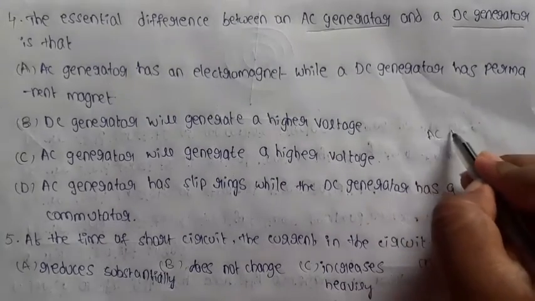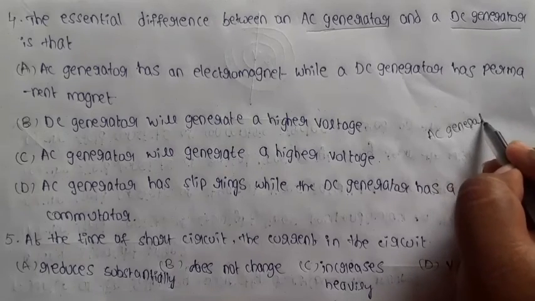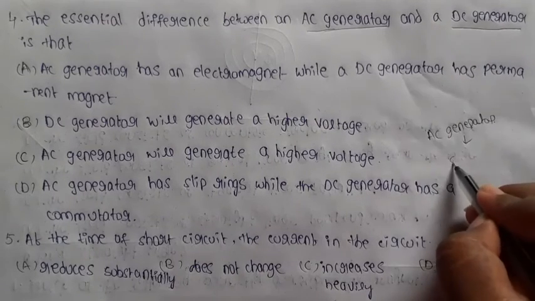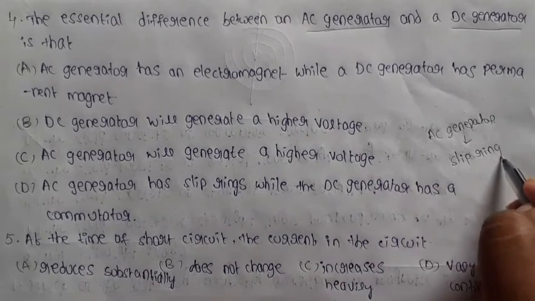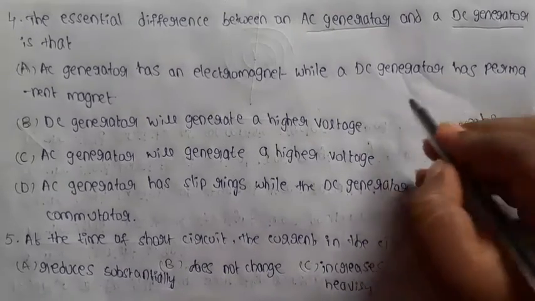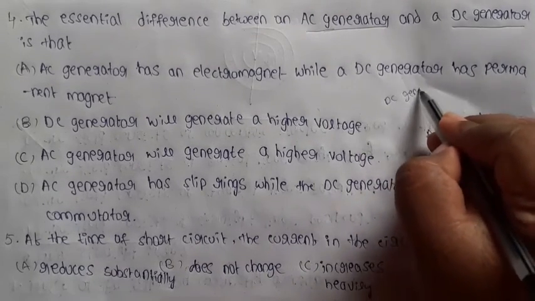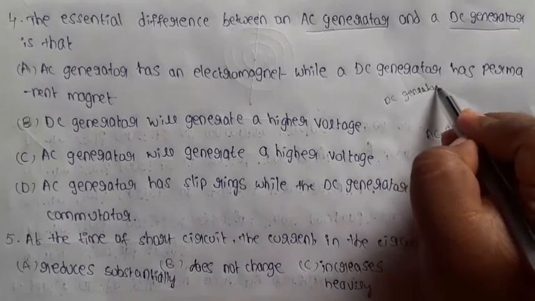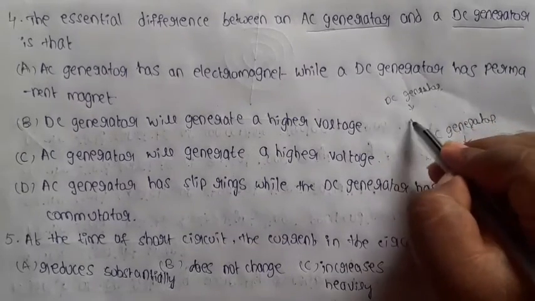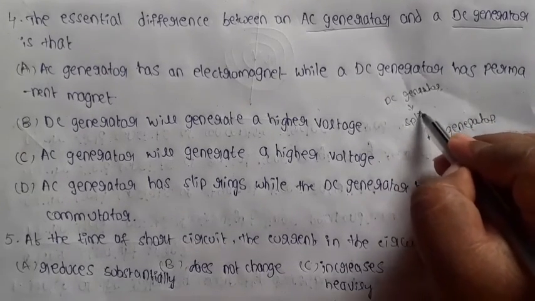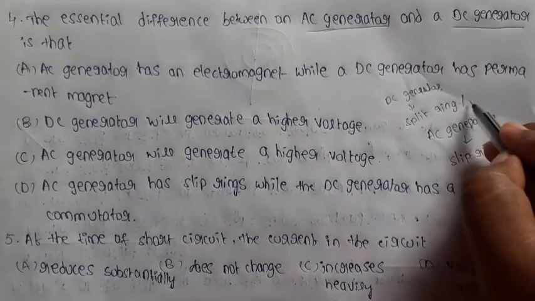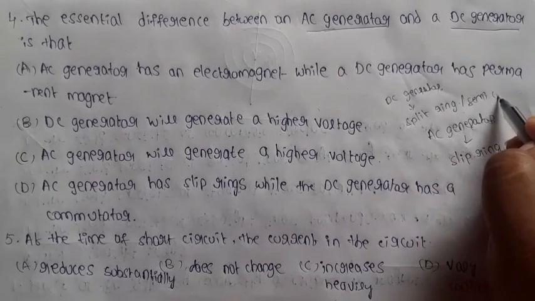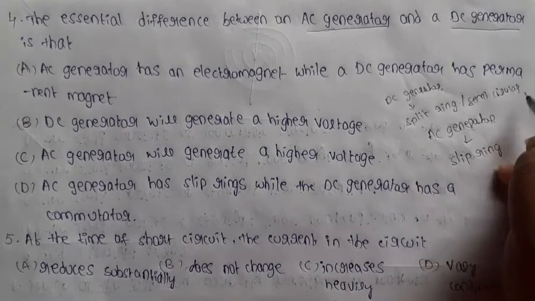In case of AC generator, we use slip rings. But in case of DC generator, we use split ring type commutator or semicircular rings.